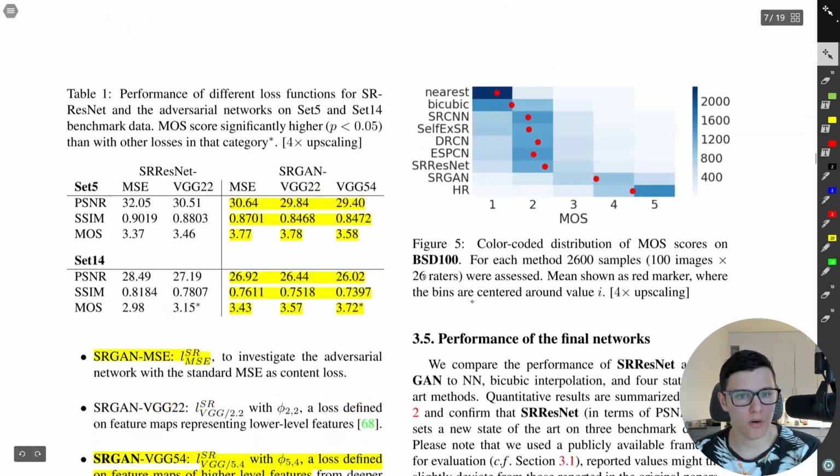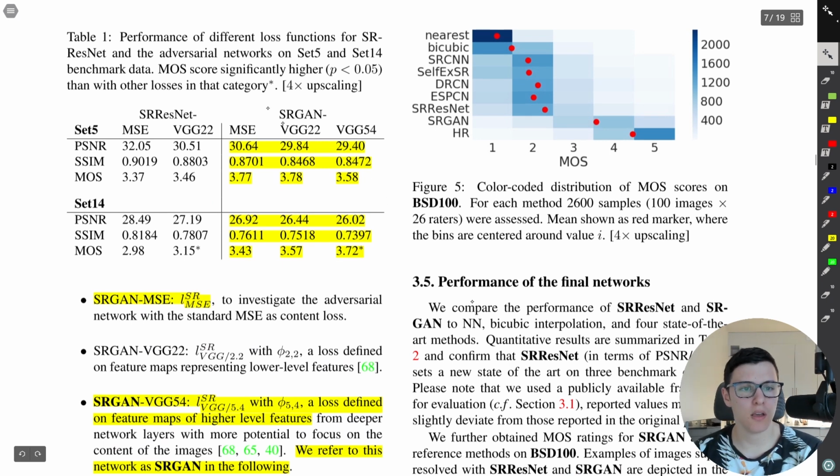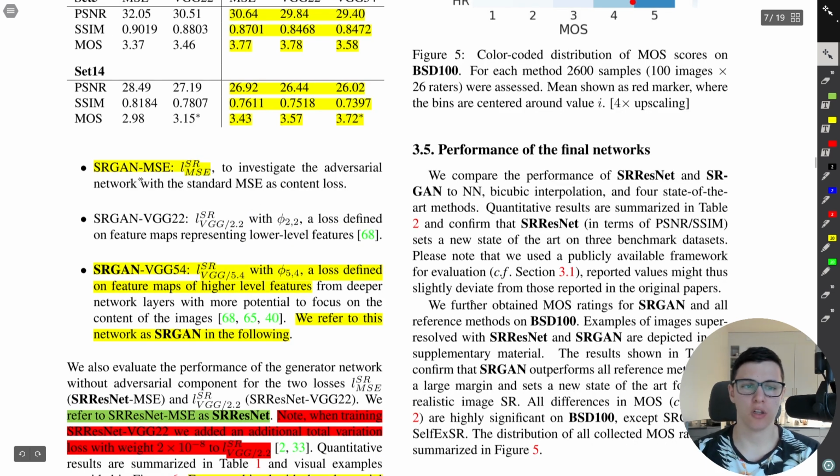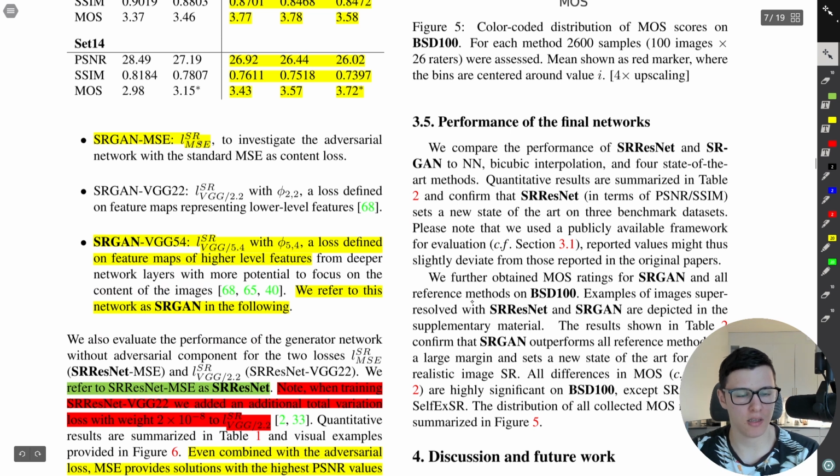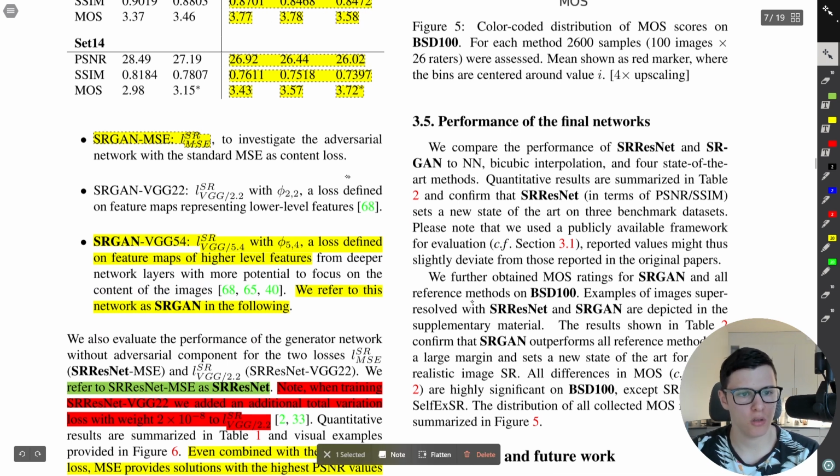And all right, so then they tried different stuff. They tried SRGAN with MSE and VGG22. They also tried SRGAN with MSE, VGG22, and VGG54. And they essentially came to the conclusion that SRResNet with MSE is no good.